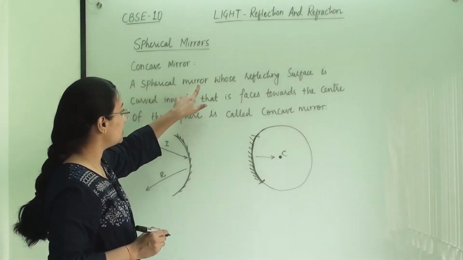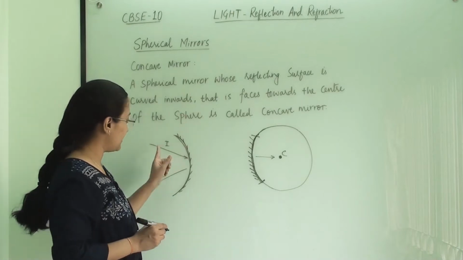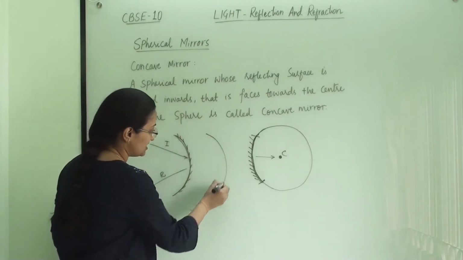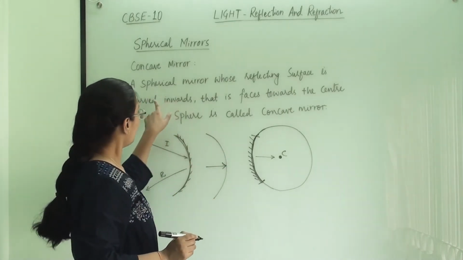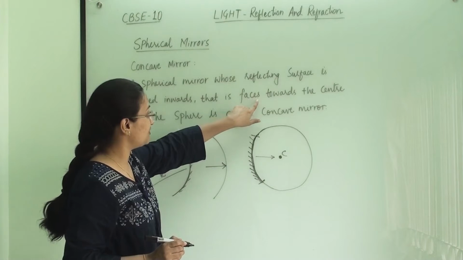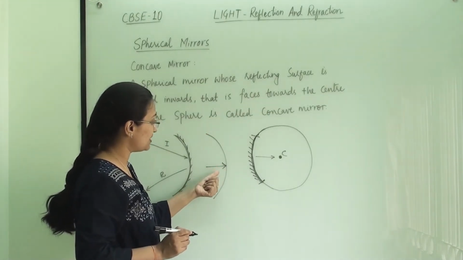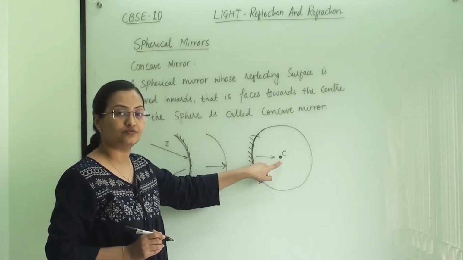A spherical mirror whose reflecting surface is curved inward is a concave mirror. This is curving inside, and curved inward means it faces towards the center of the sphere.